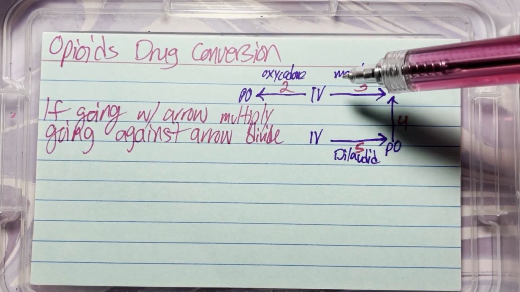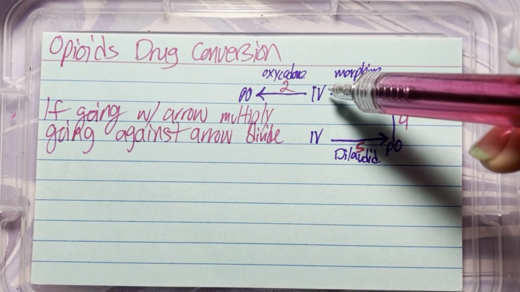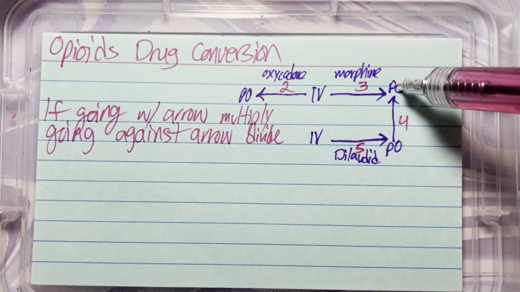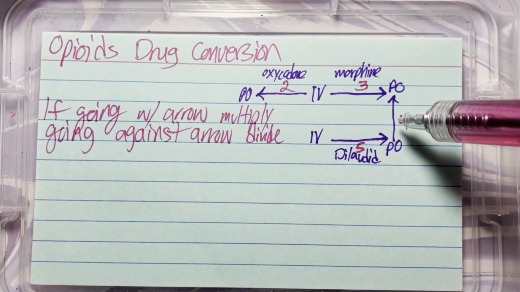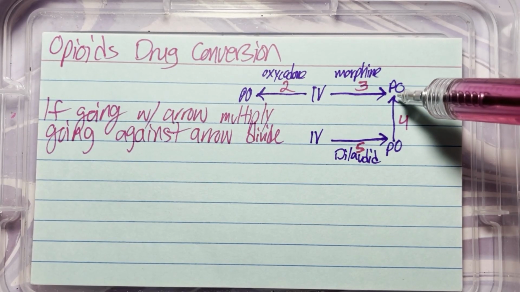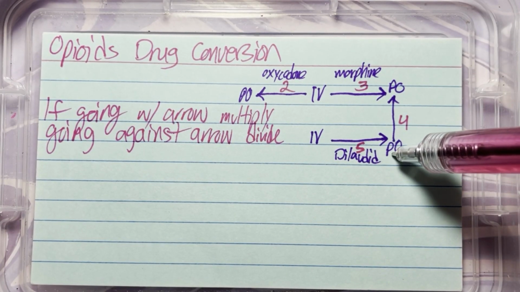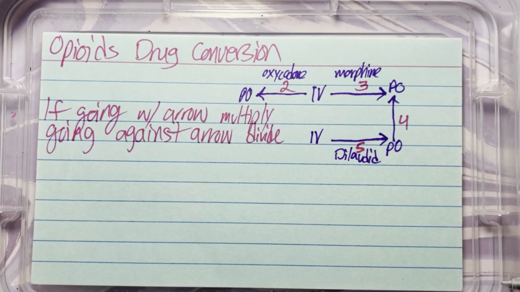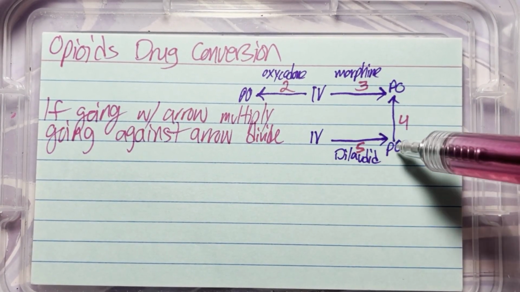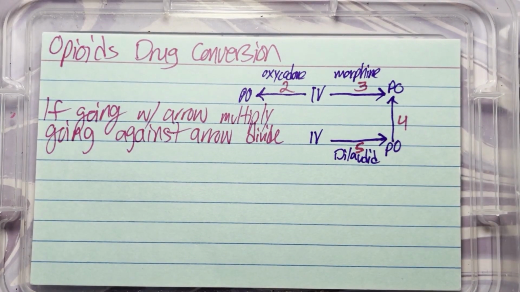You would take whatever number you have and multiply it by 3, and you'll be at PO morphine. And now you're going against the arrow here, so you would divide your PO morphine number by 4, and then you'll be at PO Dilaudid. And if you need to go to IV, again you're going against the arrow, so you divide it by 5.